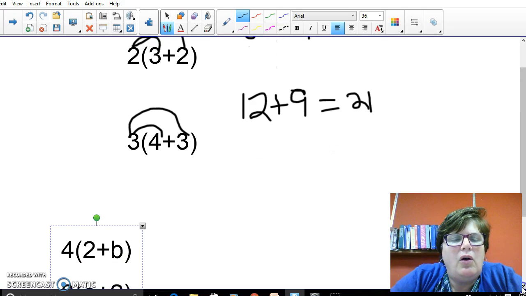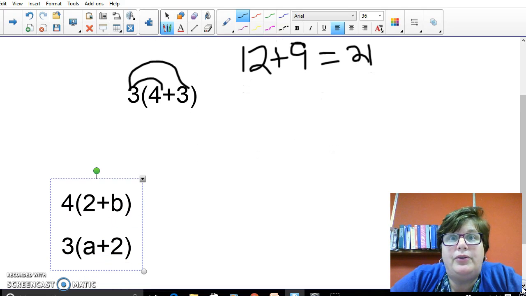Now, what if we don't know what one of those numbers is? What if we have to do it with a variable? Same process follows. Even though you don't know what that number is, you're still going to multiply it and be fair to it just like you were to the constant or a number. So let's do this one. Distribute 4 to the 2. 4 times 2 would be 8.